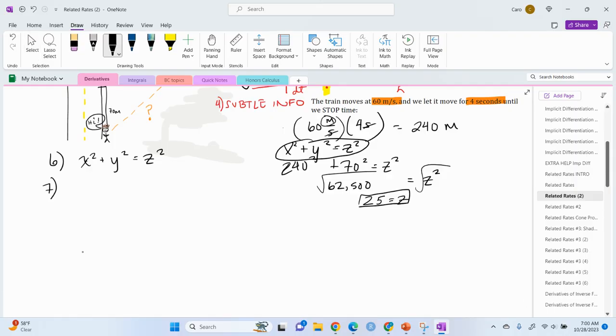Do not plug anything from the table into here. Don't start solving for dz dt until you've done a derivative. 2x dx dt plus 2y dy dt equals 2z dz dt. So basically every variable needs d something dt after it. And the one that I'm looking for is this.